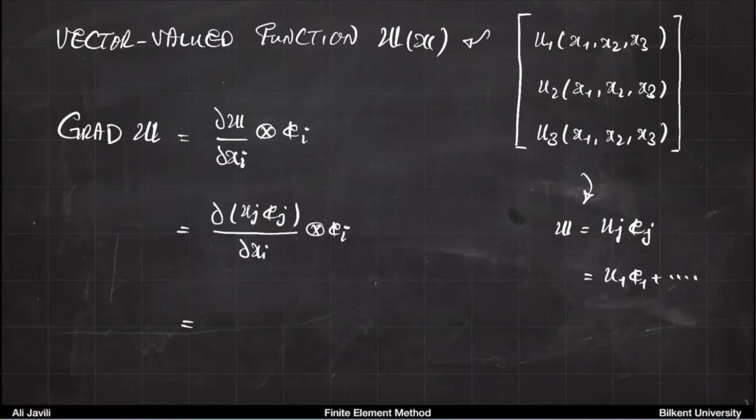And what you are left with is the derivative of u_j with respect to x_i, e_j dyadic e_i.